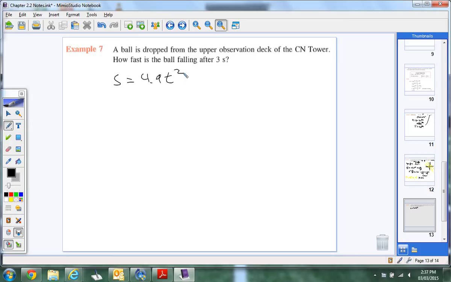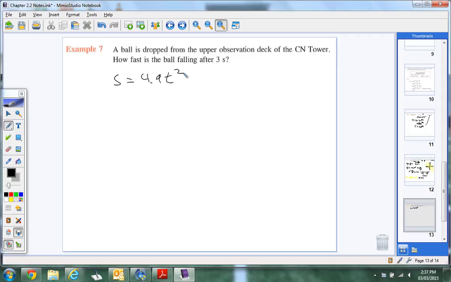So we want to figure out how fast the ball is going. So now this is what we need to understand, and I'll wait for you to write this down because it's kind of an important concept that I never got when I was your age because I just kept doing the derivative over and over. Like we're doing derivative with y with respect to x. What are we doing derivative of here? s with respect to t.